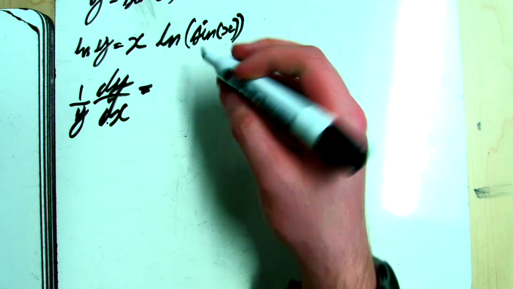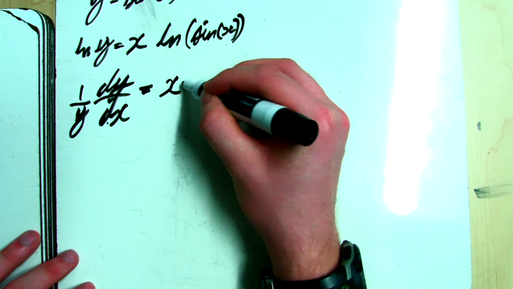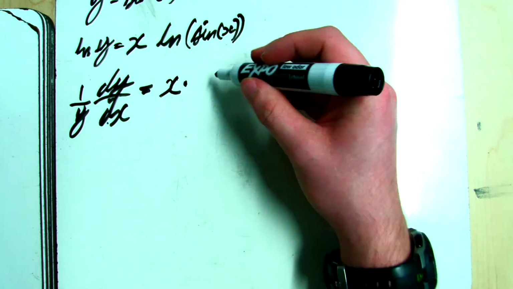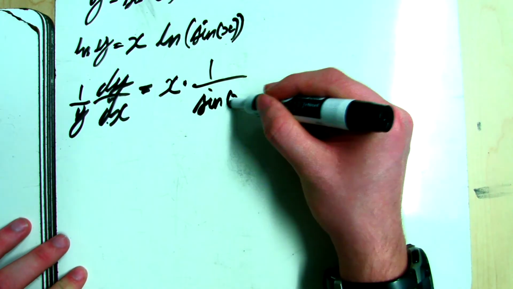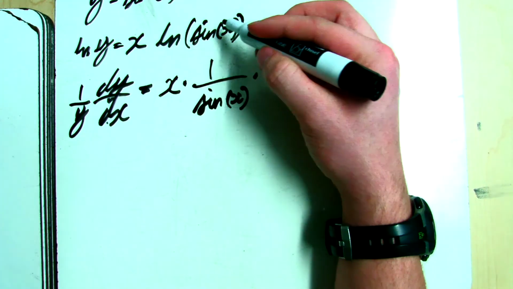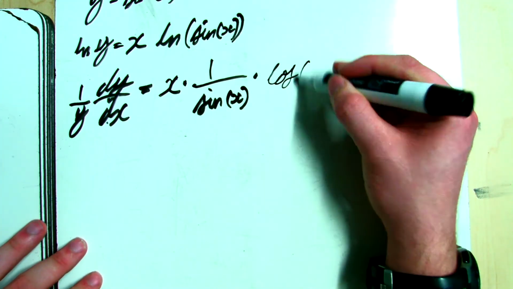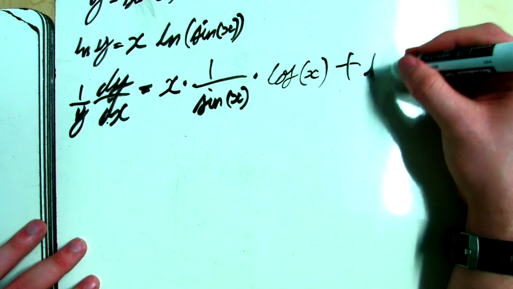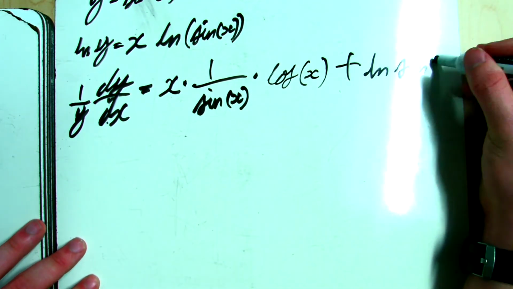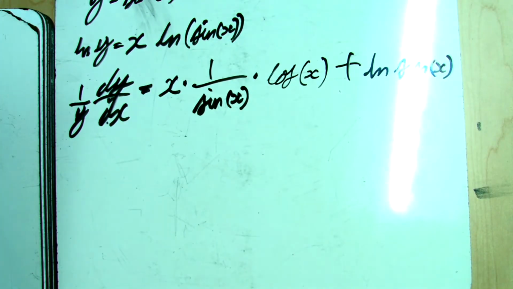We're going to have x times the derivative of this, which is 1 over sine of x, times the derivative of the inner part, which is the cosine of x. All this plus the natural log of sine of x times 1, which is the derivative of x.